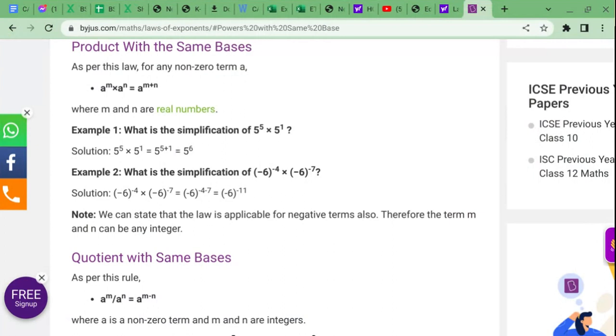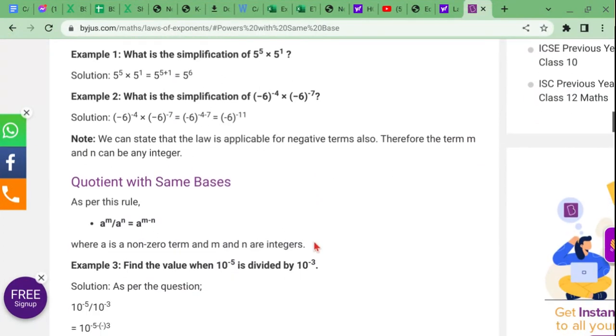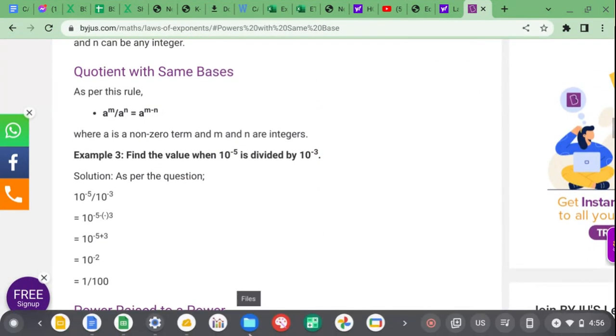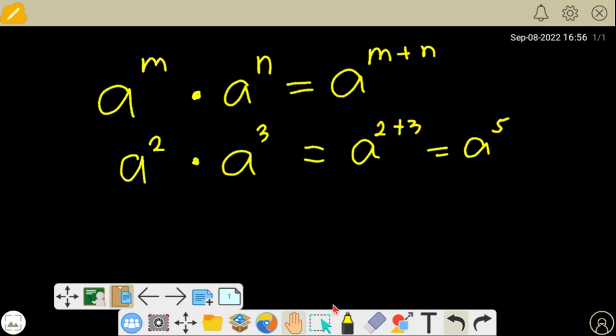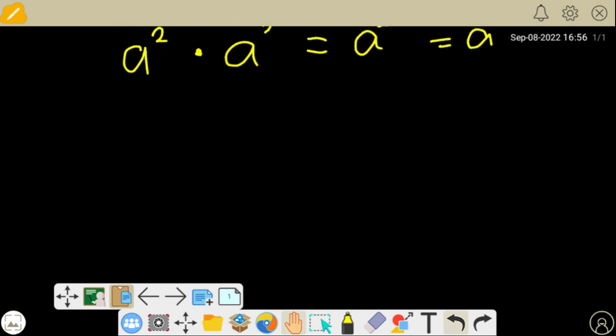Okay, what about quotient with the same bases? When we say quotient, we are dealing with division. So here is the rule.